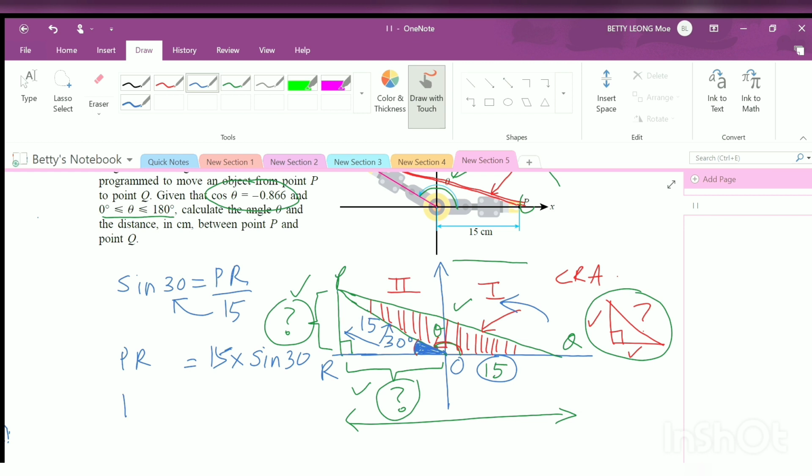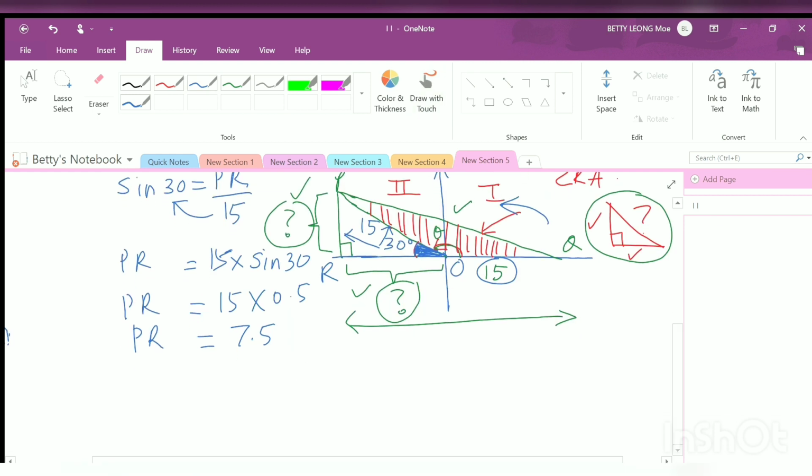Sin 30 is 0.5, in your calculator, or if you have memorized it already. So the answer is 7.5. PR is 7.5, so you got that one already.